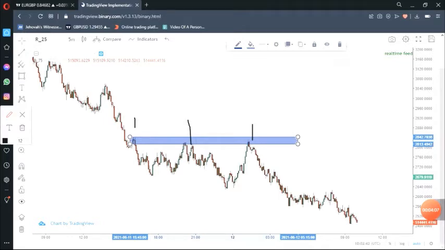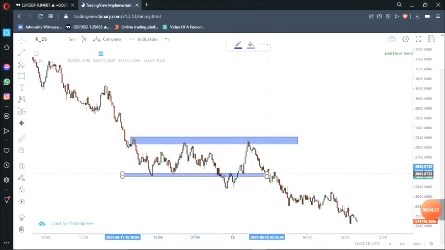You couldn't draw a zone below here because, okay, you could have, because this is the first touch, second touch here. So let's just put a zone there for the sake of those people that say you could draw a zone there. Okay, so no.